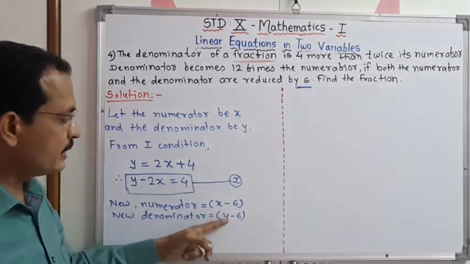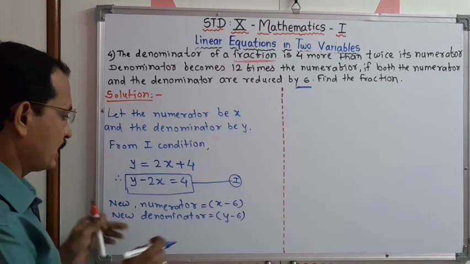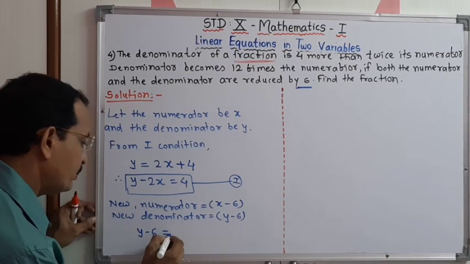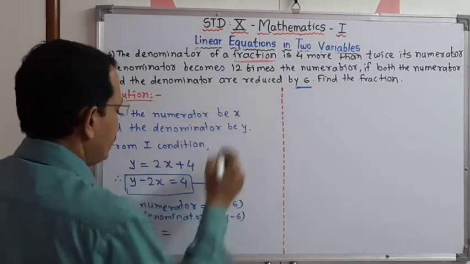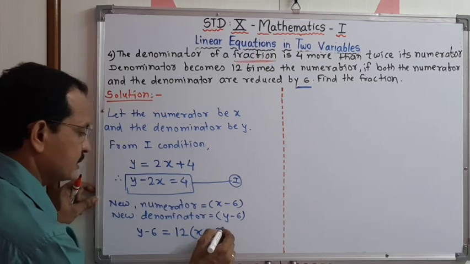After subtracting this, what will happen? The denominator becomes 12 times the numerator. This denominator y minus 6 will be 12 times the numerator, that is x minus 6.